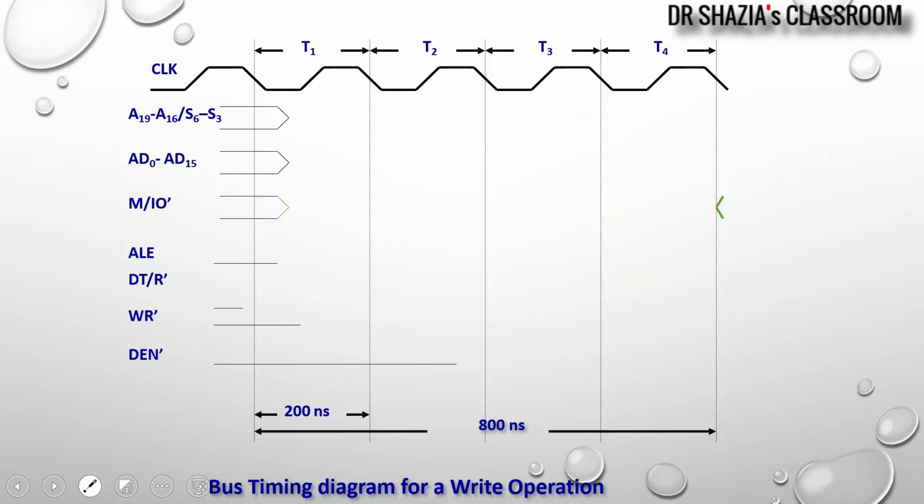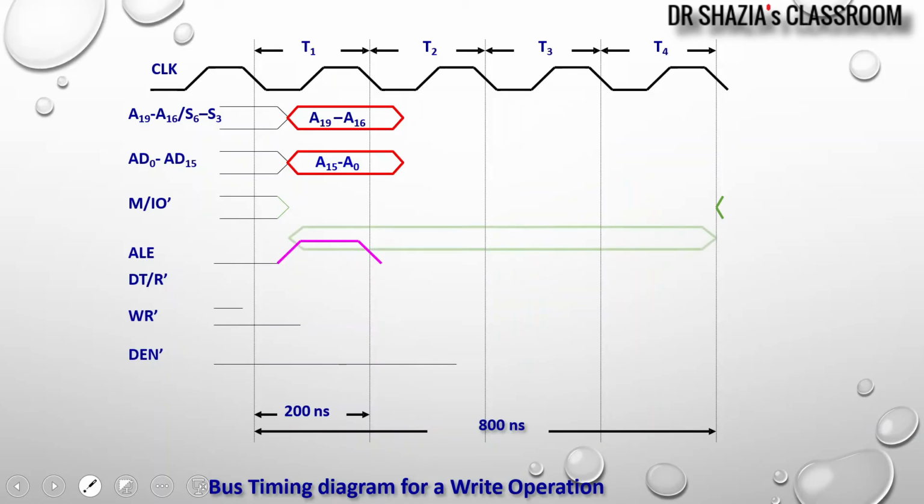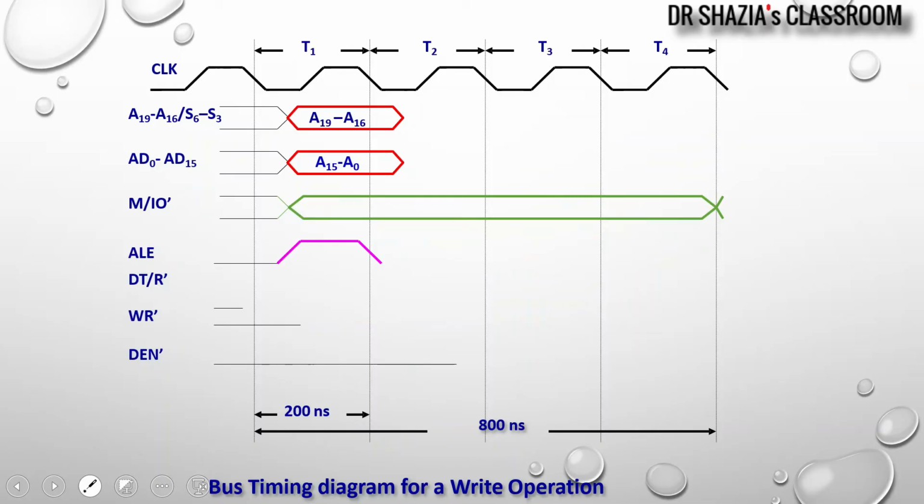Coming to the write operation, it is quite similar to that of the memory read or IO read bus cycle. Like in this case also, during the first T state, your ALE will be made high or will be active, and AD0 to AD15 and A16/S3 to A19/S6 will carry the address, and the M/IO signal will be generated.